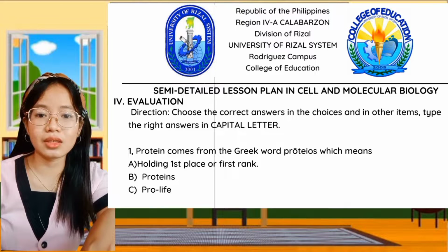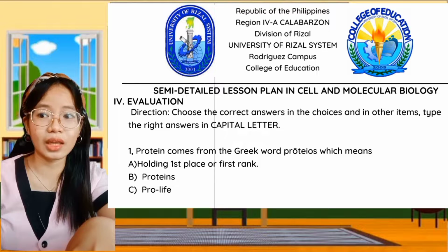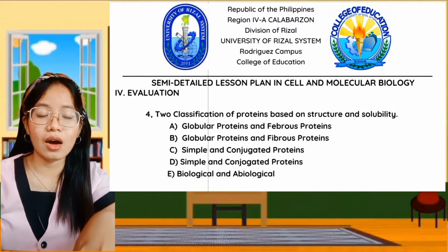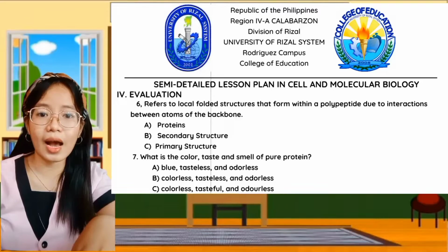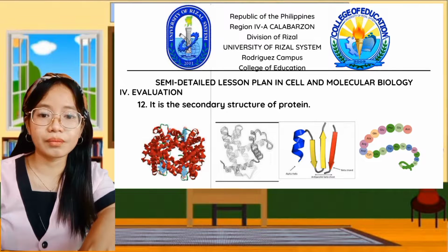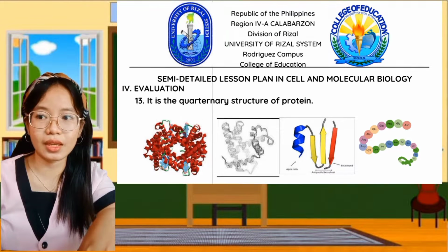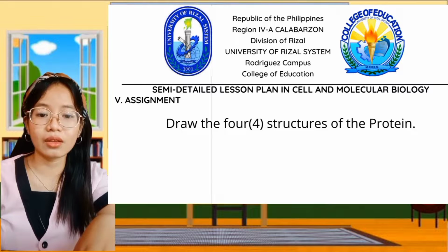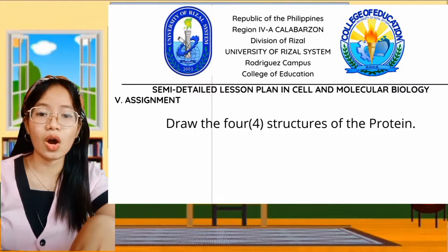And then this is the evaluation or quiz that I will give you later after the discussion. It is an item of 13 items, but the overall score is 20 points. I will also give you an assignment, which is to draw the four structures of proteins.